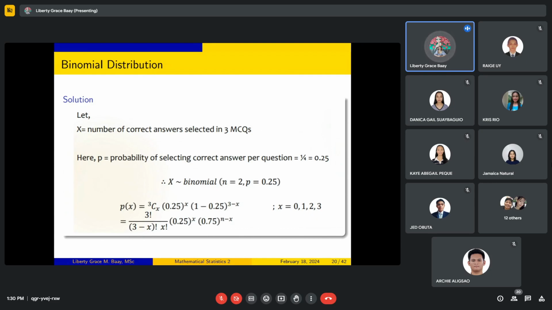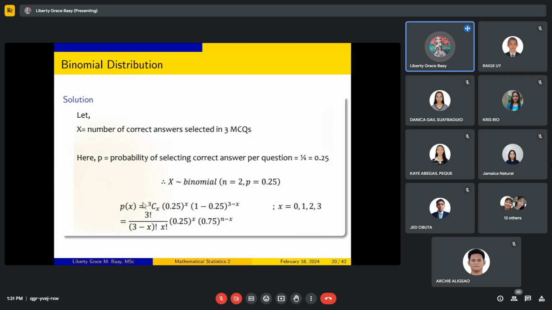The probability of selecting a correct answer per question is 1/4, since there is only one correct out of the 4 choices. That is equal to 0.25. So we can say that our random variable X is binomially distributed with n equal to 3 and the probability of success equal to 0.25.